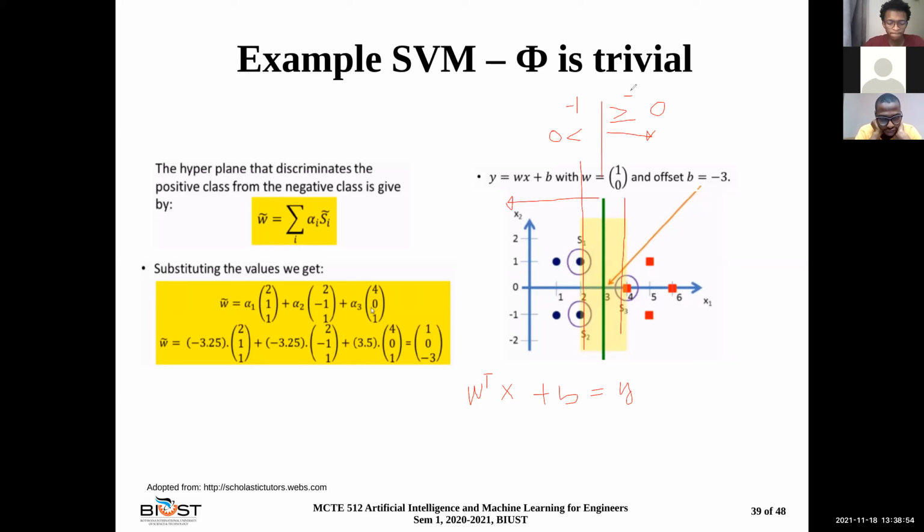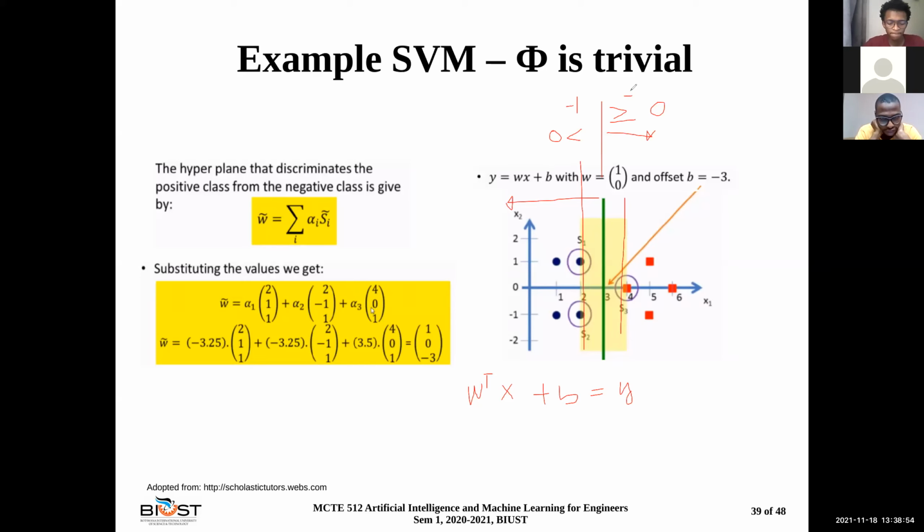And the same thing here, this is -2. What about this one? This is 4 minus 3, that's +1. And then 5 minus 3, that's +2. 6 minus 3, that's +3.